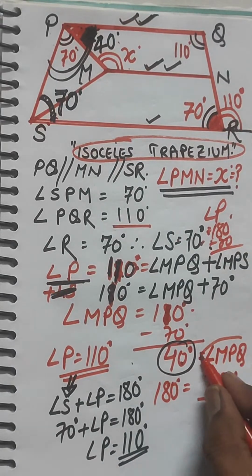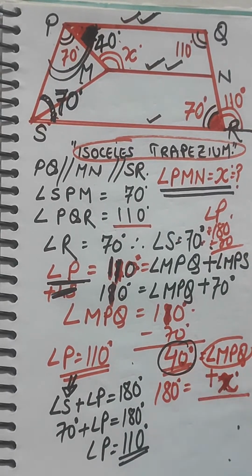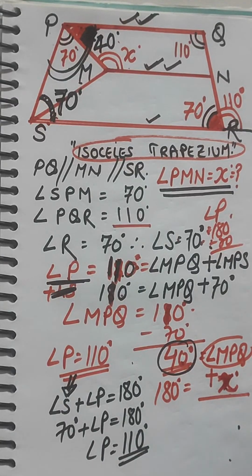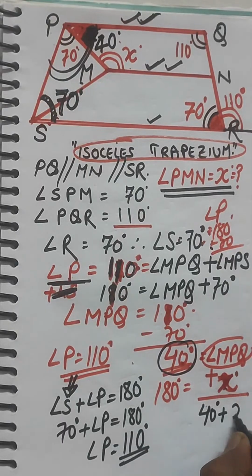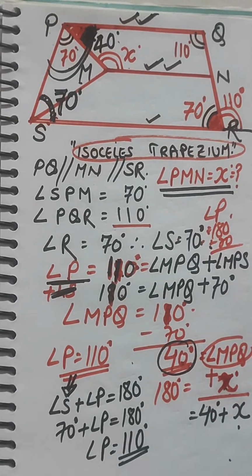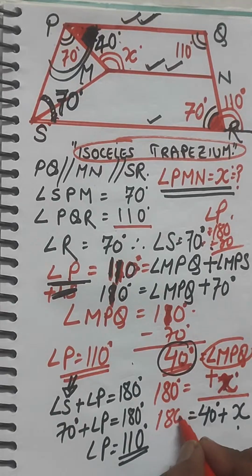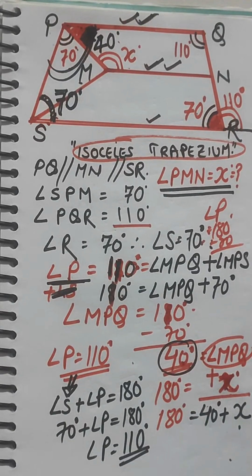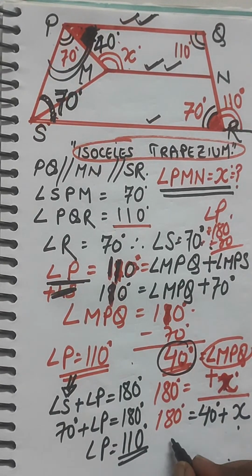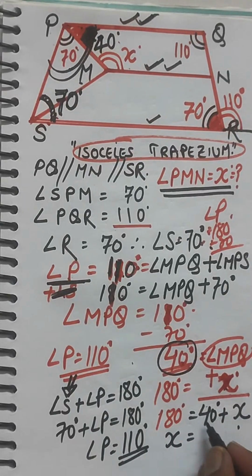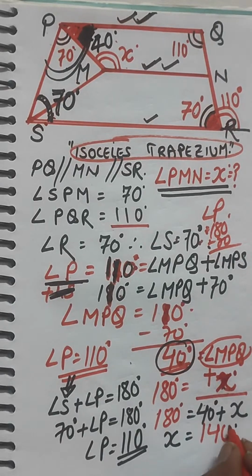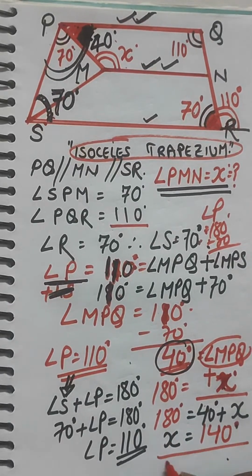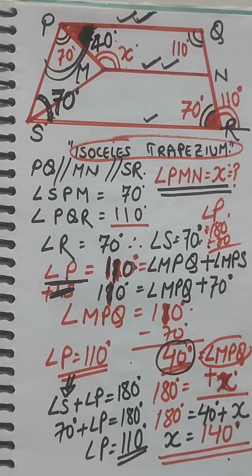The value of MPQ is 40, you can see. So from here we can write 40 degree plus X is equal to 180 degree, isn't it? And this will give you the value of X as 180 minus 40, which is equal to 140 degree.